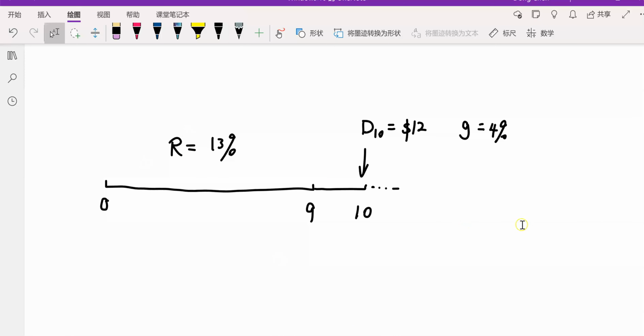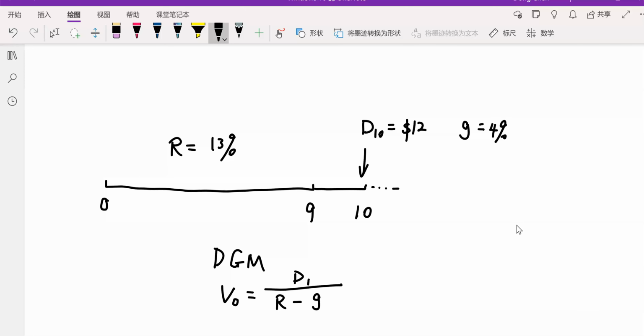The starting point to solving this question is the realization that the dividend growth model, DGM, states that the intrinsic value of a stock, V0, equals D1, the dividend next period, divided by R, the required rate of return, minus g, the growth rate of dividend.